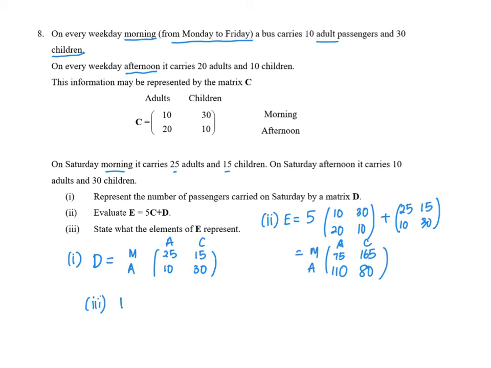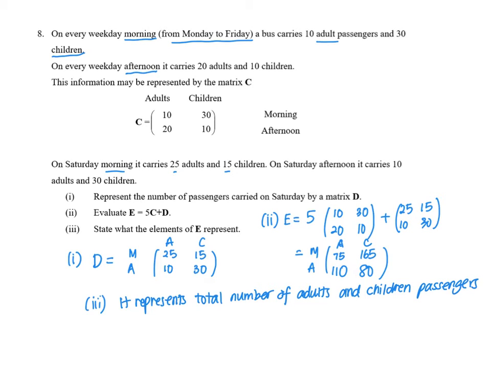Okay, so it represents the total number of adults and children passengers the bus carried on 5 weekdays and 1 Saturday.